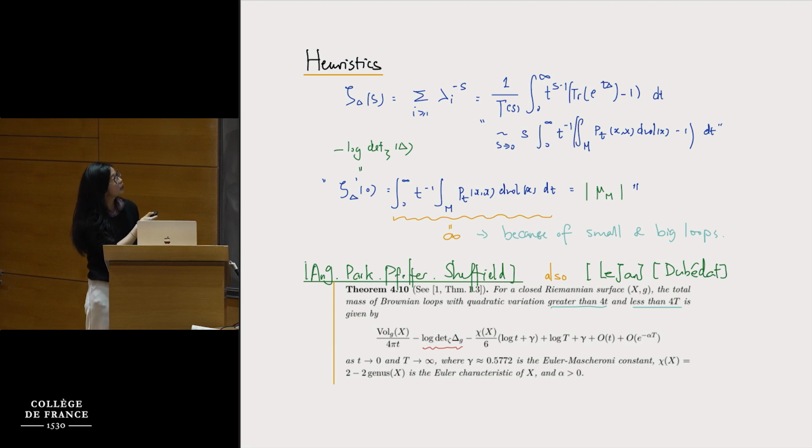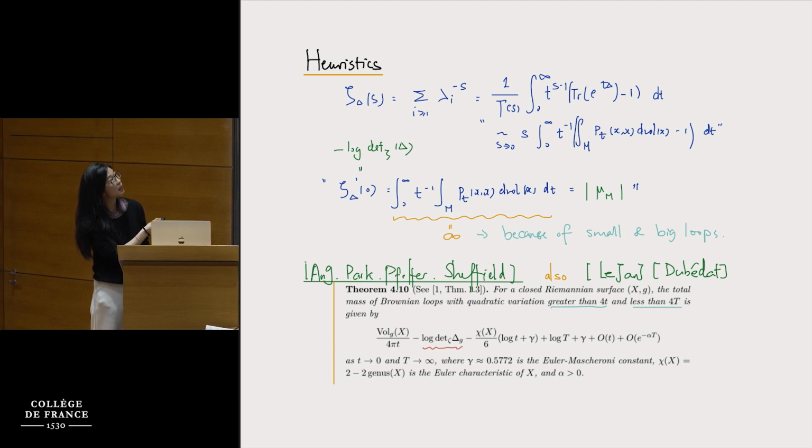Heuristically, here I just rewrite the zeta function in a different way: 1 over gamma(s) times this integral. This is just a change of variable, and you get this identity immediately. It looks a bit more complicated there. When s goes to 0, the gamma function has a simple pole at 0, so 1 over gamma(s) behaves like s.